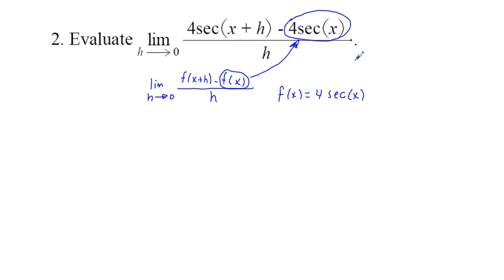And then, according to our little memory device here, tangent, secant, secant, since we want to find f prime of x, that's going to be equal to 4, and we will have tangent x secant x.